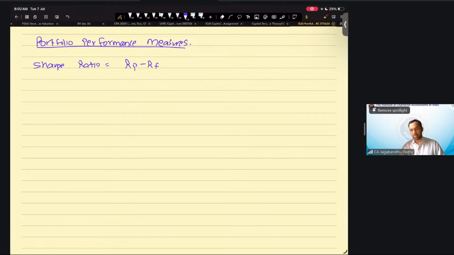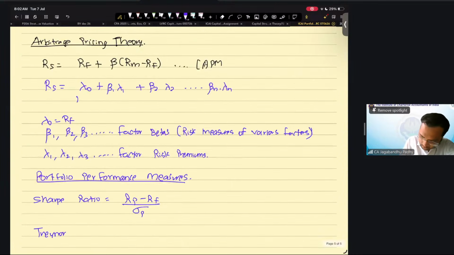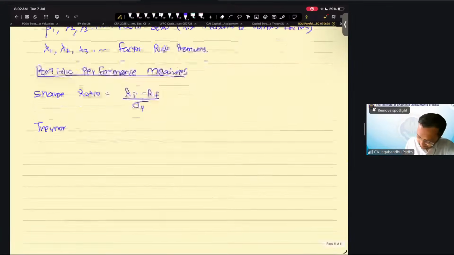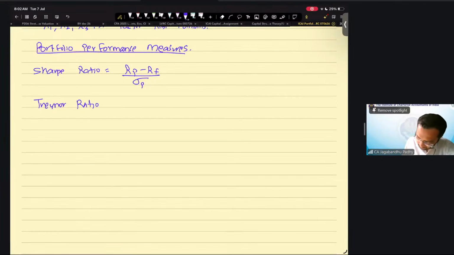What is the risk premium that you are providing for every unit of the total risk that you are undertaking? Then you have the Treynor ratio, which is on similar lines.